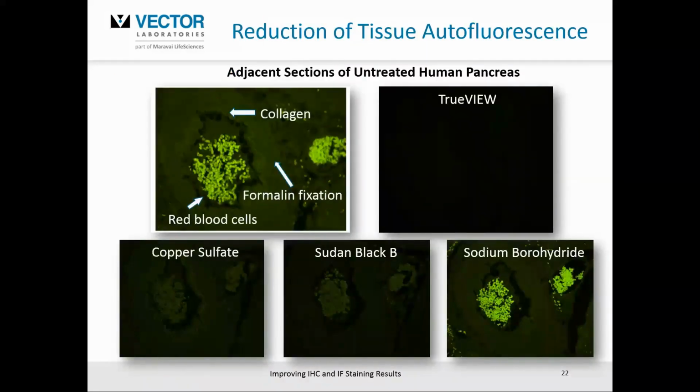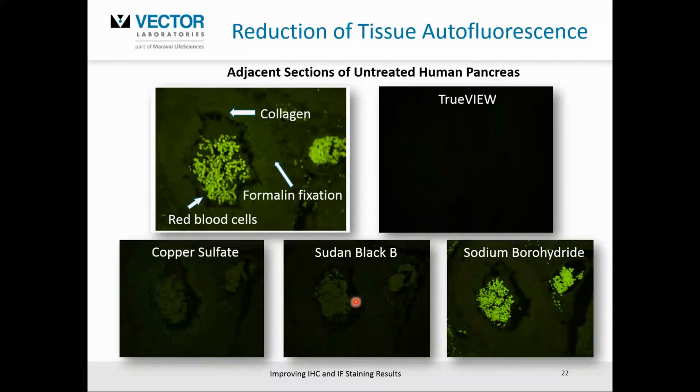Now, what I've got here on this particular slide is a series of essentially adjacent sections of human pancreas with various treatments. There are quite a number of treatments out there that investigators have used over the years. Copper sulfate is one, which tends to wash off quite readily, unfortunately.